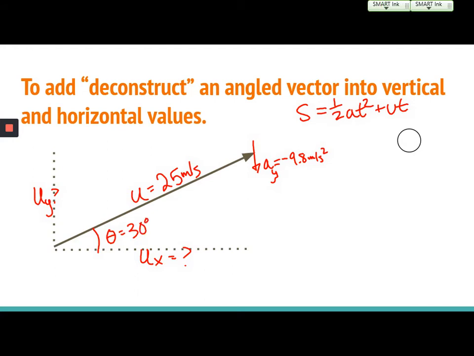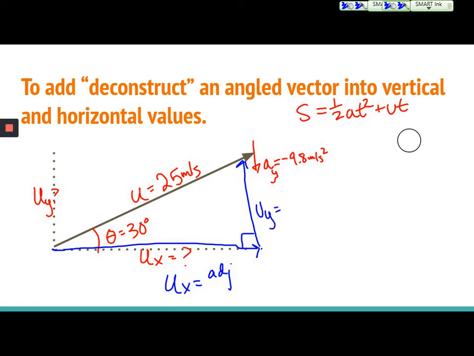To deconstruct one, all you need to do is again make a right triangle. That was a horrible right triangle, but pretend with me. And so my ux is going to be equal to the adjacent side, and my uy will be my opposite side of my angle.